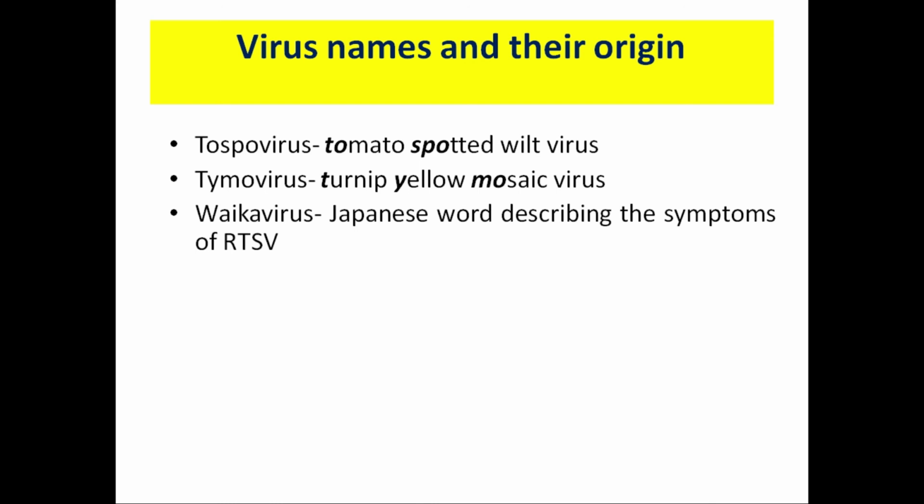Rice tungro is a disease caused by two types of particles. One is rice tungro bacilliform virus and another is rice tungro spherical virus. Rice tungro bacilliform virus has double-stranded DNA as genome, whereas rice tungro spherical virus has single-stranded RNA as genome.